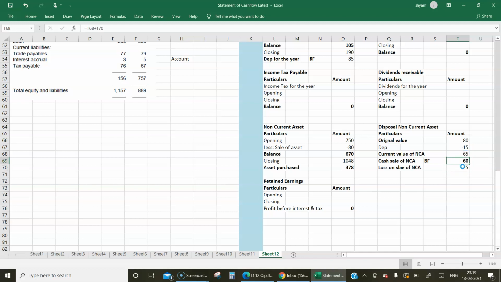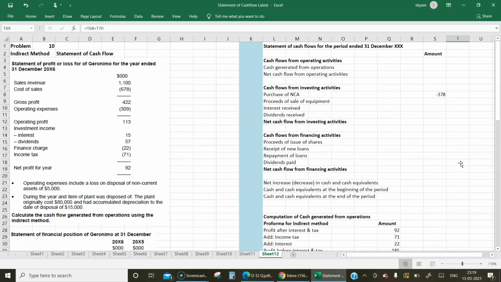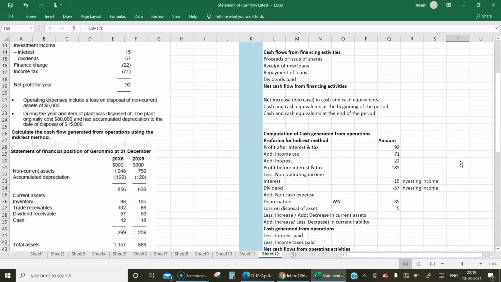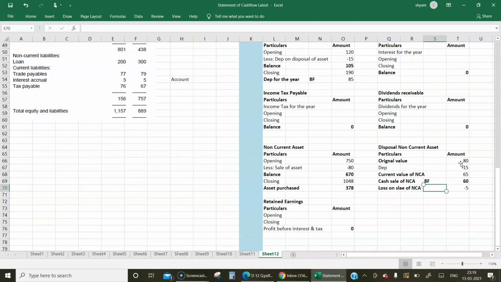At what price did they sell? They should have sold at 60. Sixty-five worth of asset they have sold at 60, so they have incurred a loss of 5. Where should this 5 go? I think we have accommodated it, but where should the 60 go? That is the question, because that is the balancing figure.